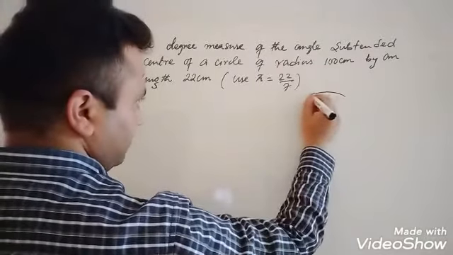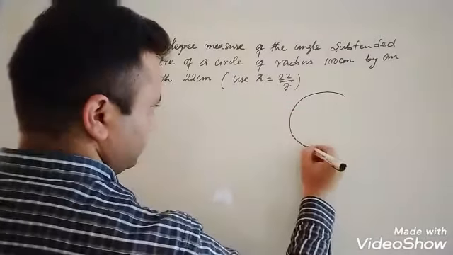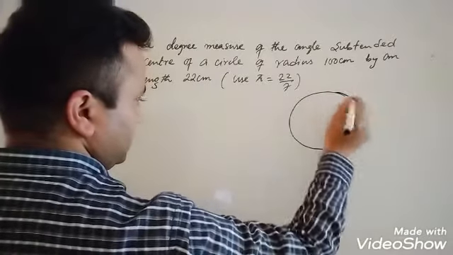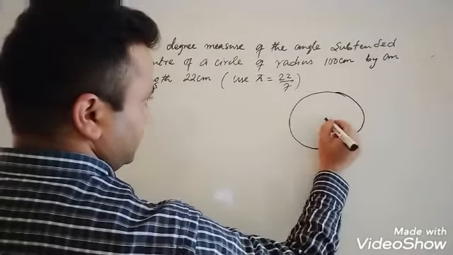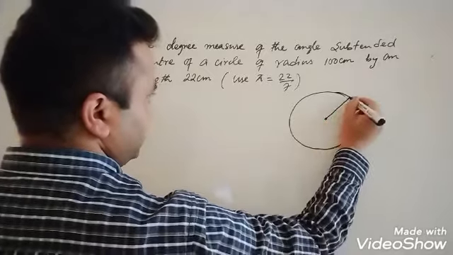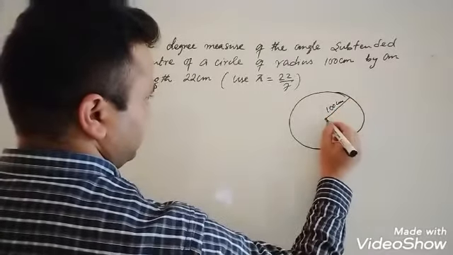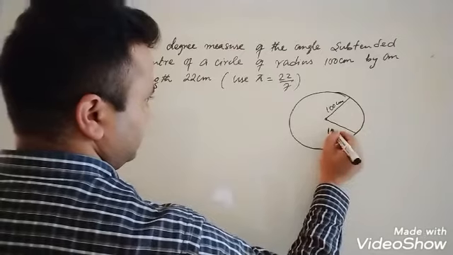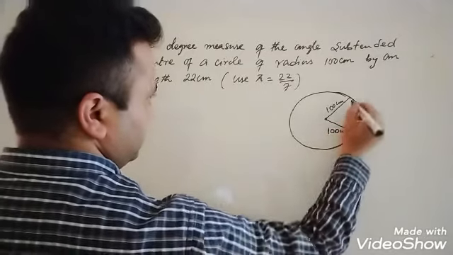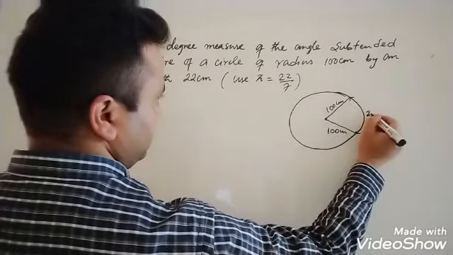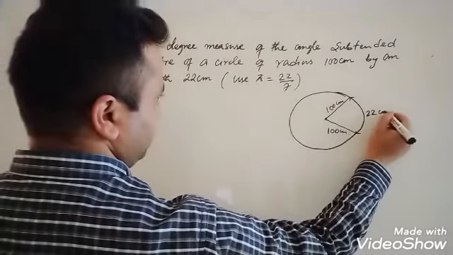So it is a circle with radius 100 centimeter, and the length of the arc is 22 centimeter.